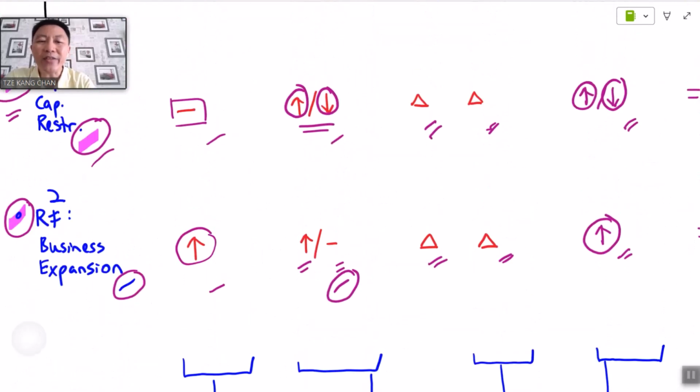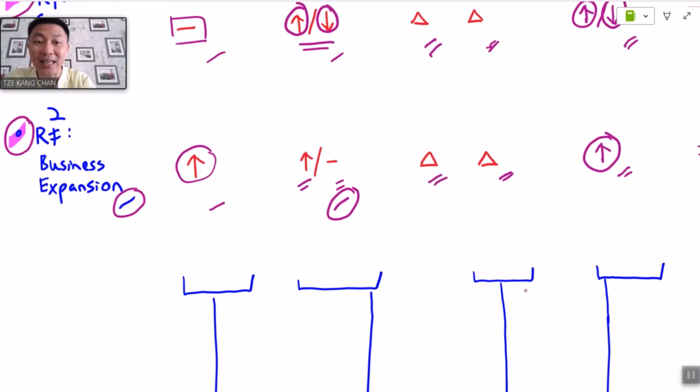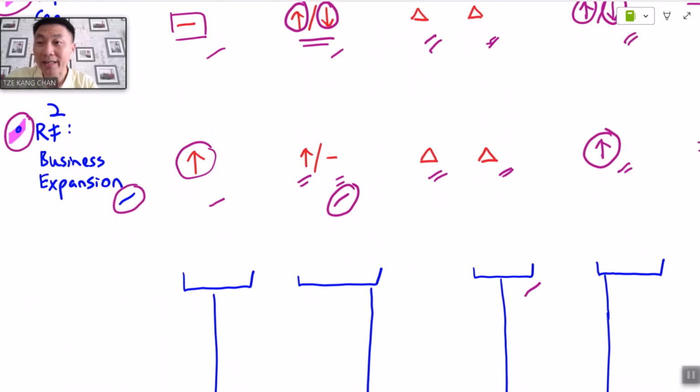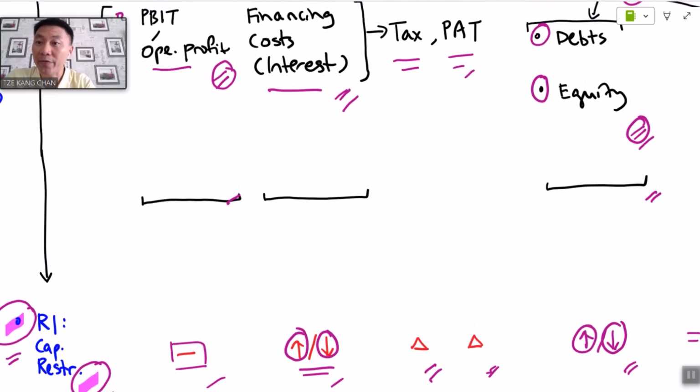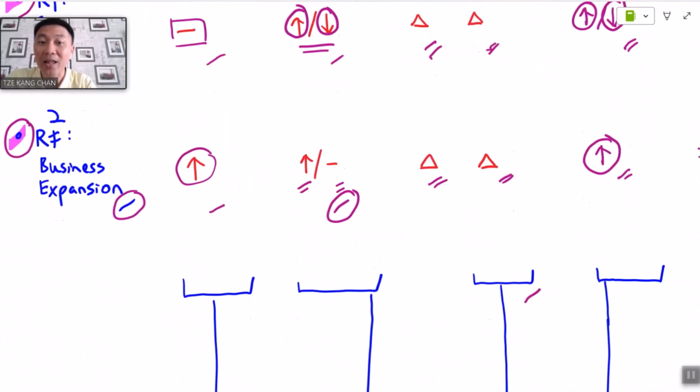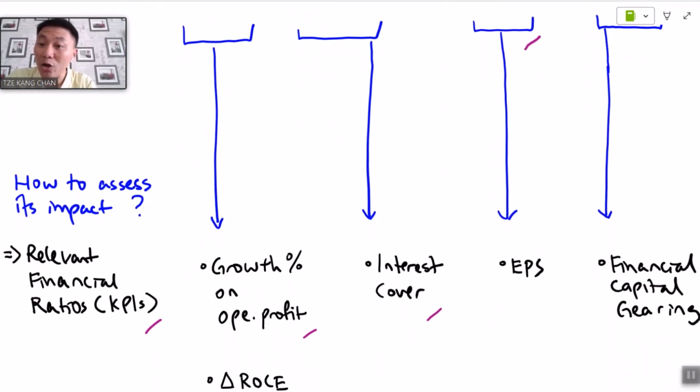These will lead to the third and final assessment on the impact shown in the statement of profit or loss, particularly looking at the profit after tax. And what is the relevant KPI that will be used based upon the PAT? The answer is earnings per share.